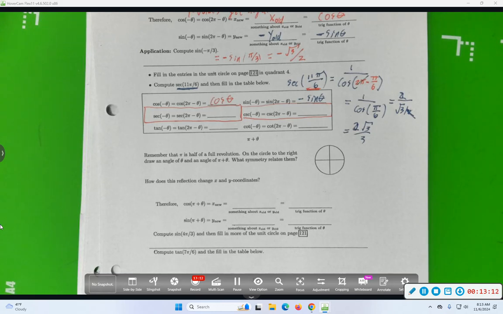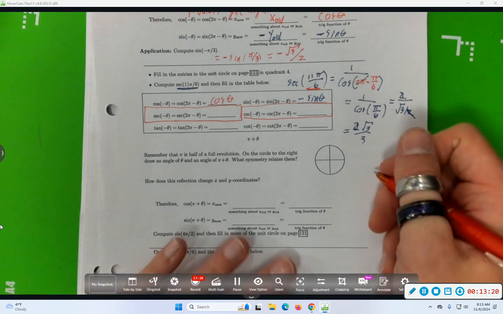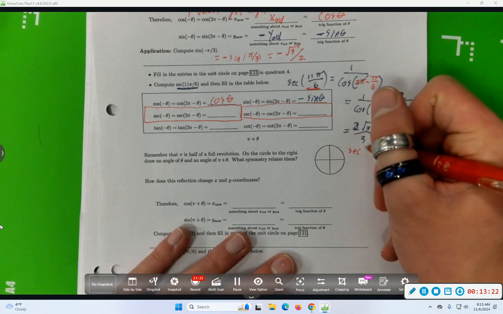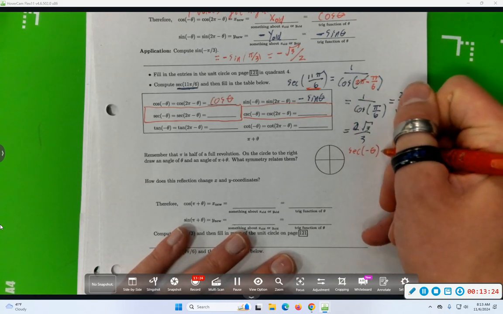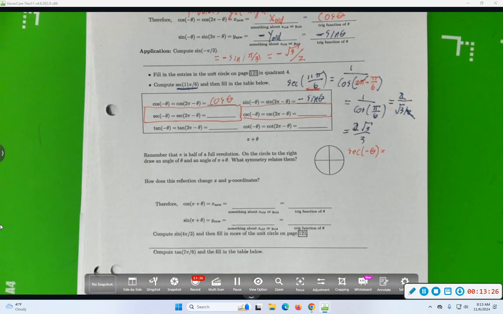So let's try to do that. I think I'll talk through secant, I'll let you do cosecant, then we'll talk through tangent together. So if you want to compute the secant of minus theta, let's try to figure out how to do it. Secant is 1 over cosine.